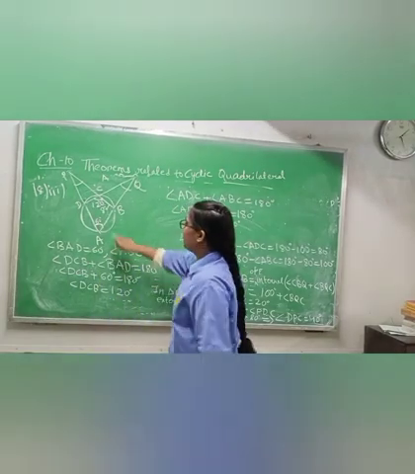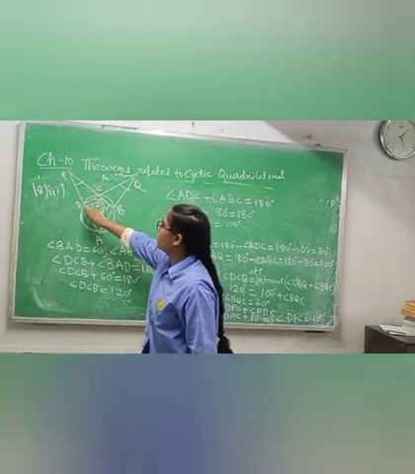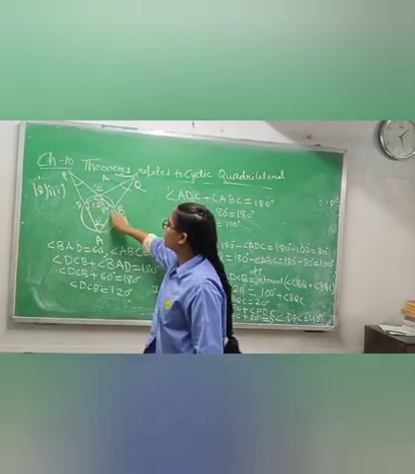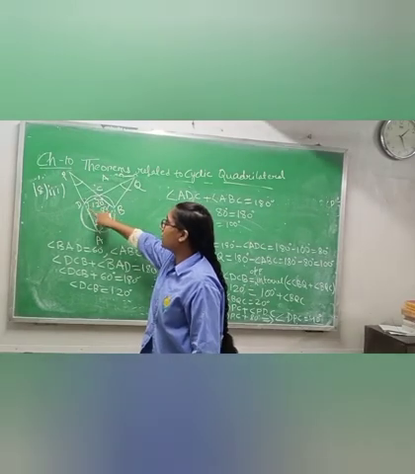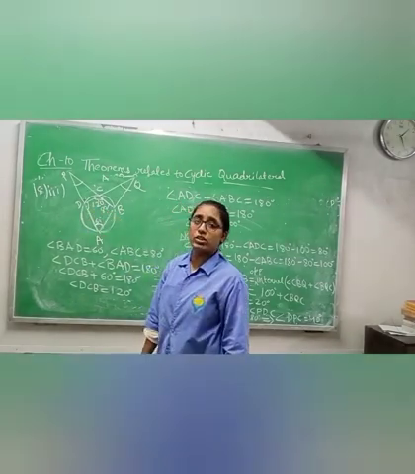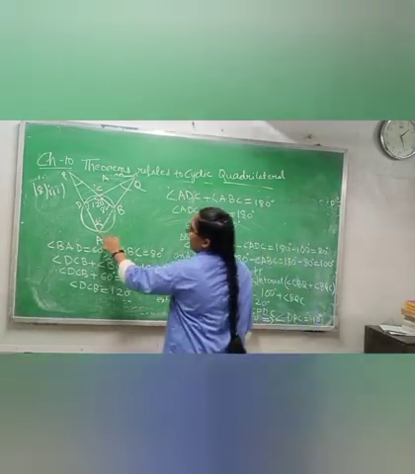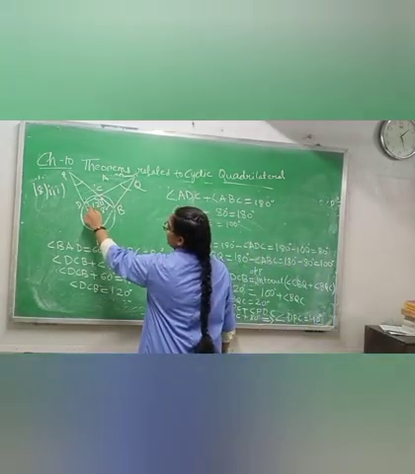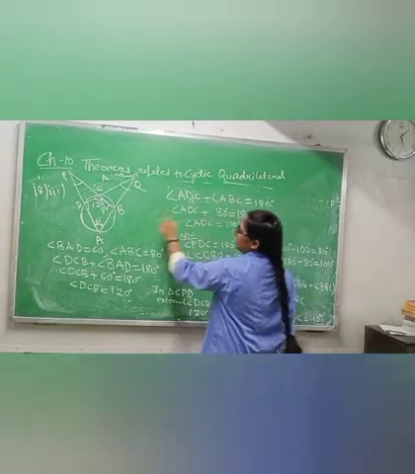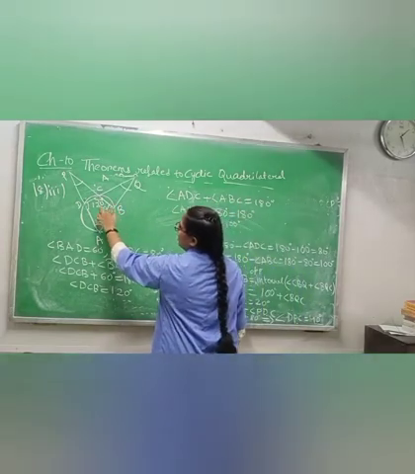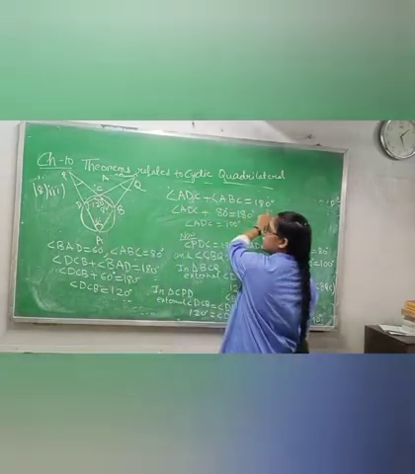Now the same thing, if this one is 80, we can find this angle because the sum of the opposite angles of a cyclic quadrilateral will be 180 degrees. That is why I have written angle ADC, this angle, plus angle ABC, this angle, these two angles equal 180 degrees.